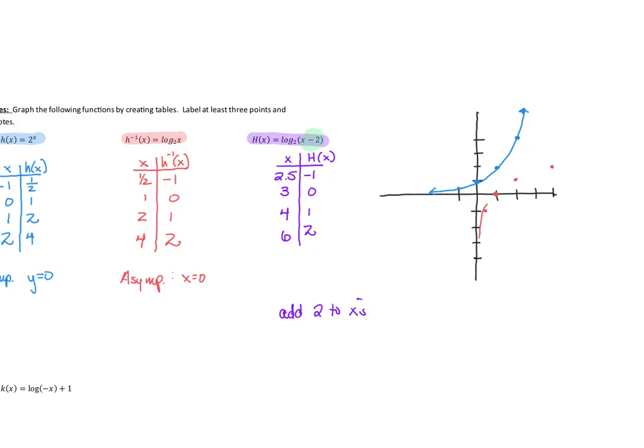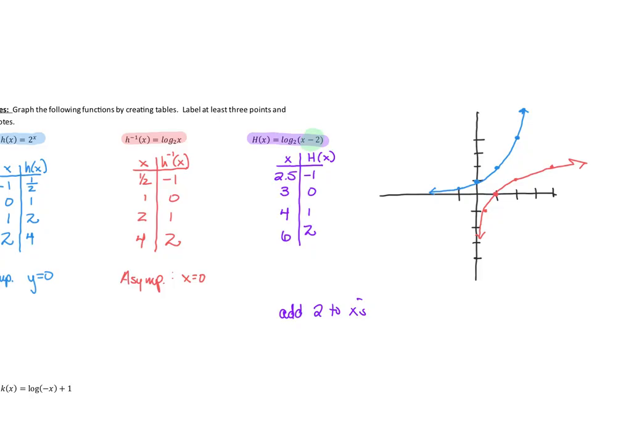And so it looks like this. And again, if you tilt your head sideways and squint your eyes, you should see some symmetry between these two graphs. Okay, now we want to do the shift.